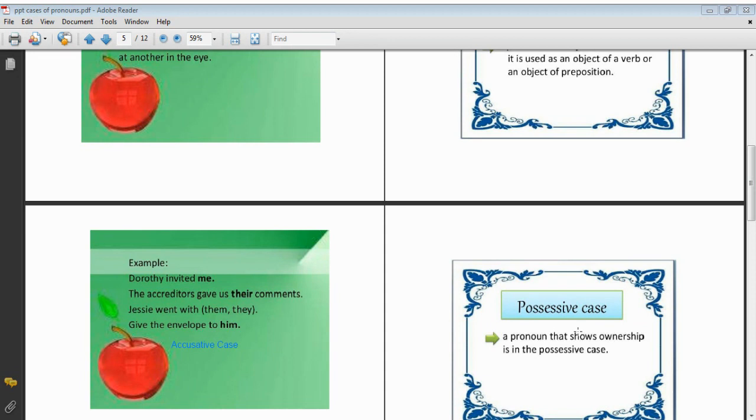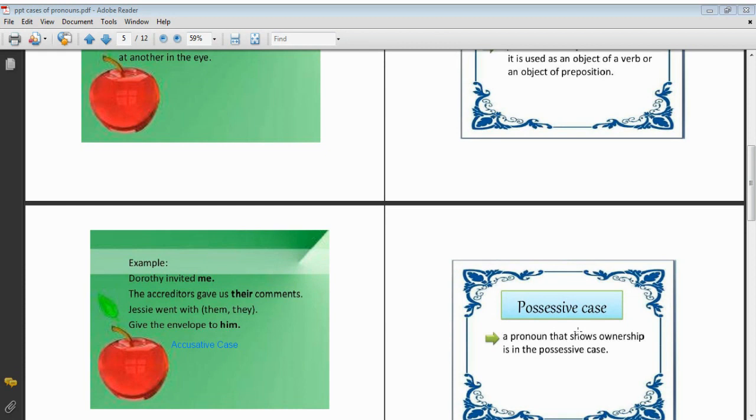Whenever a pronoun acts in the objective case, it is called an objective pronoun. Then we come to the next example: "Jesse went with them." "Them" is the objective case of "they." Whenever we talk about "they," this is a third person pronoun, and the objective case of "they" is "them."